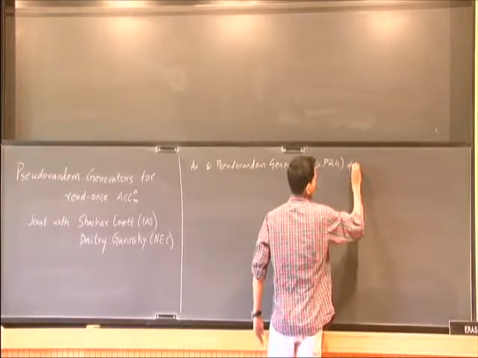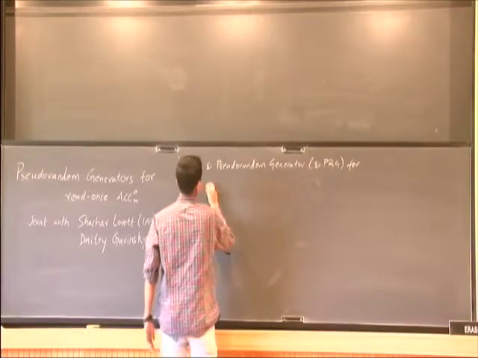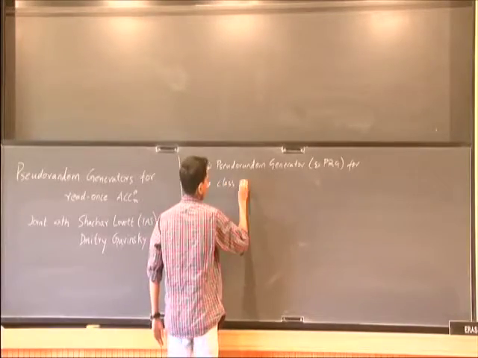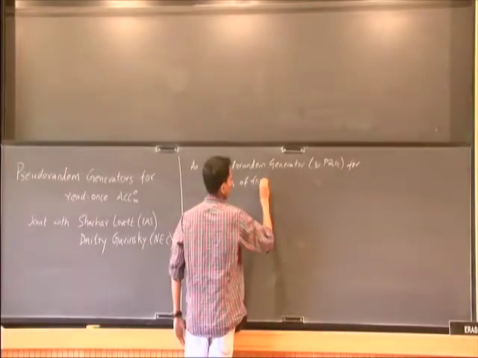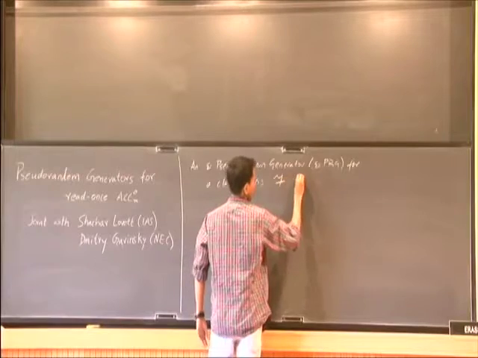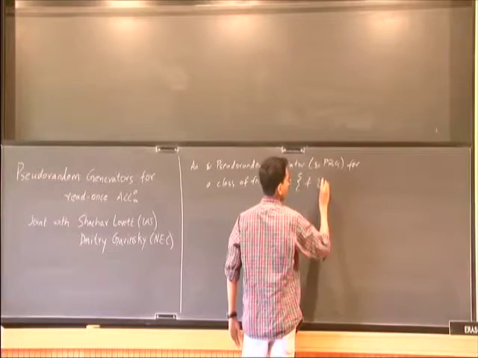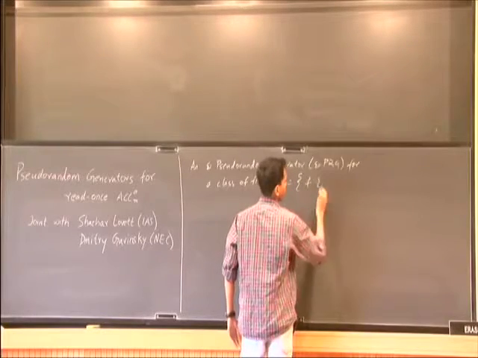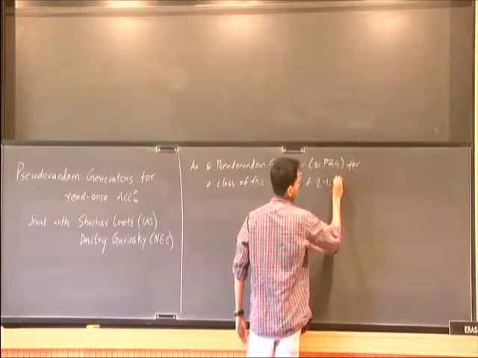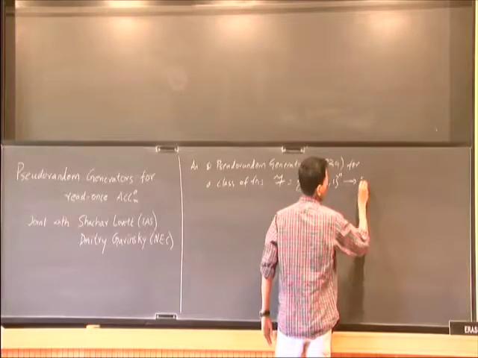For a class of functions, let me say the class of functions is F, and let me think of my functions as mapping {-1,1}^n to {-1,1}.